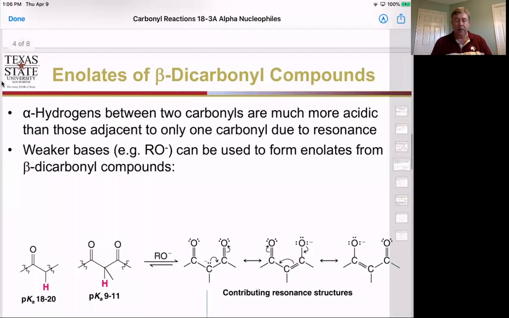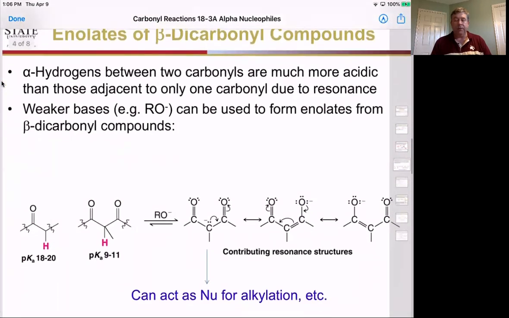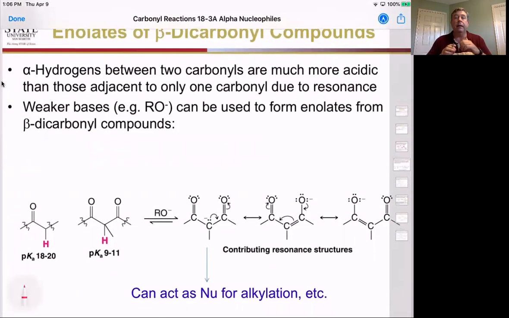Okay. So we also have an opportunity to make enolates out of the beta dicarbonyl compounds. What this means is that when we have a single ketone, like in this group here, we only have this alpha proton here, and the pKa is between 18 and 20, okay?